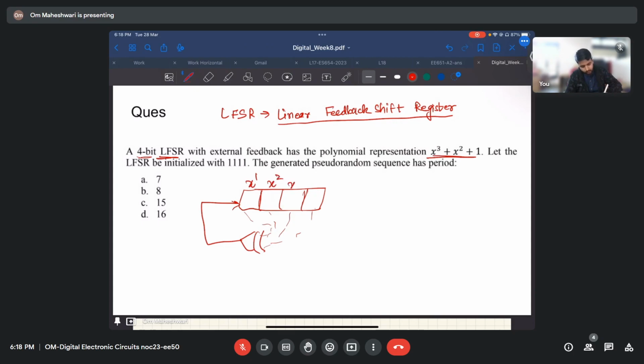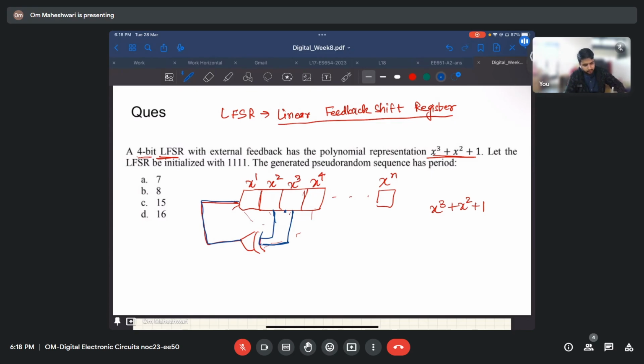So here what this polynomial represents, let me write it. 1, x square, x cube, x4. Depending on the number of bits, if we have n bits, we would have x to the power n. If we have, let's say, x cube plus x square plus 1, that means connections are made to x cube and x square, and the output is fed here.